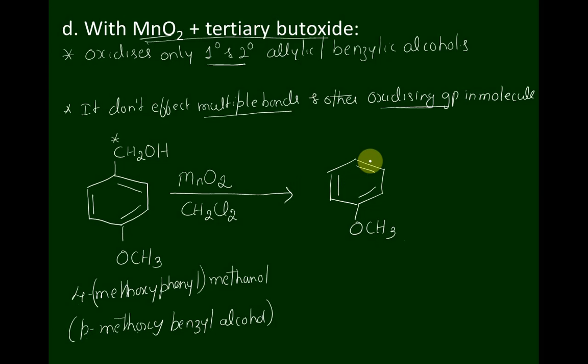So it gets converted into the respective aldehyde. Primary alcohols get converted into aldehydes. Secondary alcohols get oxidized into ketones. So the name of the compound is 4-methoxybenzaldehyde. Please note it down.